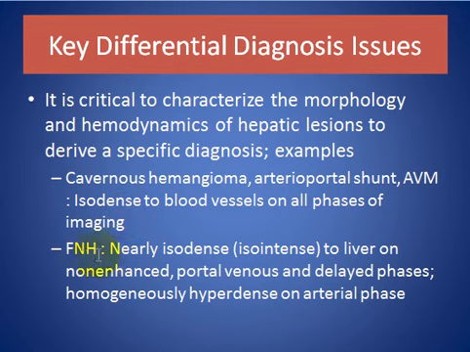Focal nodular hyperplasia, nearly isodense or isointense to the liver on non-enhanced study, portal venous and delayed phases. Homogeneously hyperdense on arterial phase.